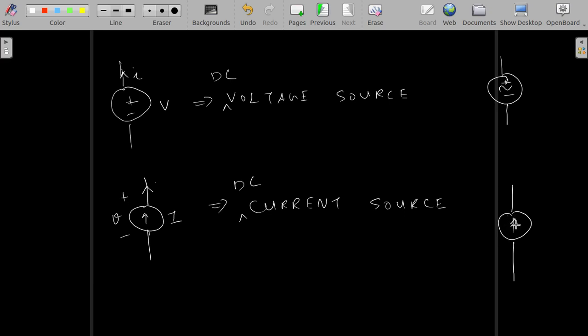The current will be there, and again this AC signal will be used to denote that it is an AC source. That is the only difference with regards to notation. So these are the active devices or sources that you will have to deal with for the time being. Now let's move on to the passive devices.